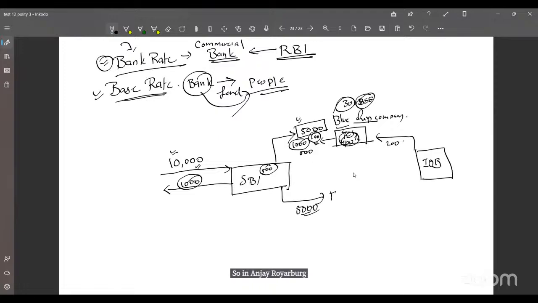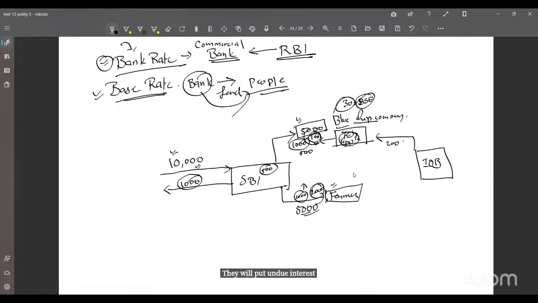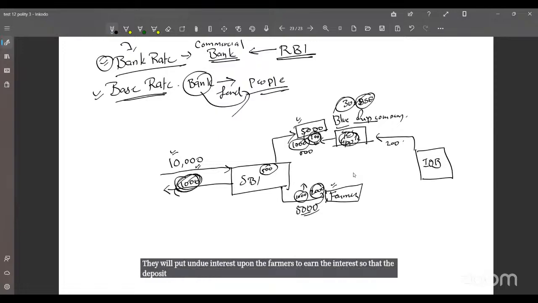This would be given to poor farmers. What they would do? Originally, they would have only got 1000 rupees as interest. Rather, now they will increase the interest to compensate the loss here, and they will make it 2000. They will put undue interest upon the farmers to earn the interest so that the depositors would be given the interest and the SBI also can be run.